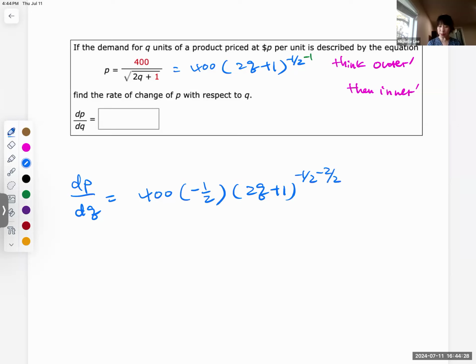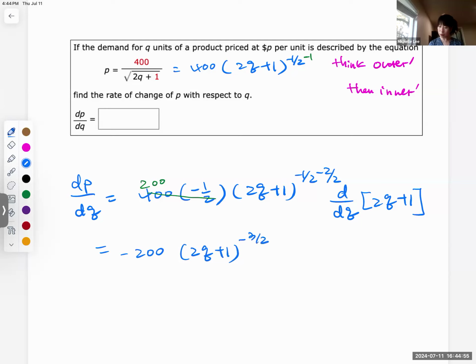Then what's the inside? The derivative with respect to Q. So there will be 2 goes into 400, 200, right? So we have negative 200 times 2q plus 1 to the negative 3/2.